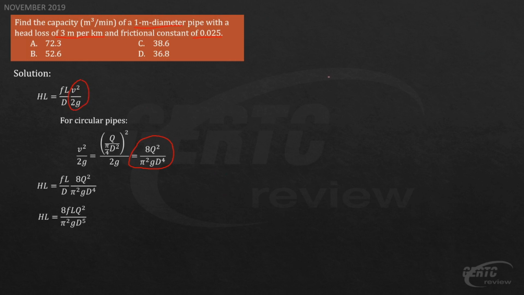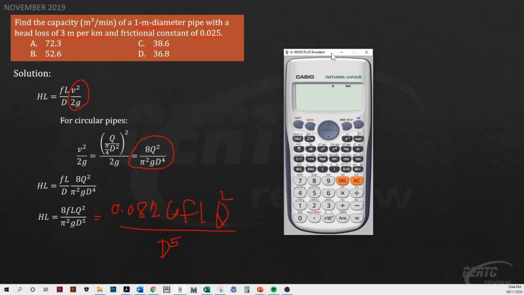Or kung SI yung formula mo, SI yung unit mo, that is equivalent to 0.0826. Kasi yung pi mo, G mo is 9.81, no? FL Q squared divided by diameter raised to 5. Pareho lang yan. Ginawa ko lang yan para maging generic siya. Any unit will do. You can check on that. No?